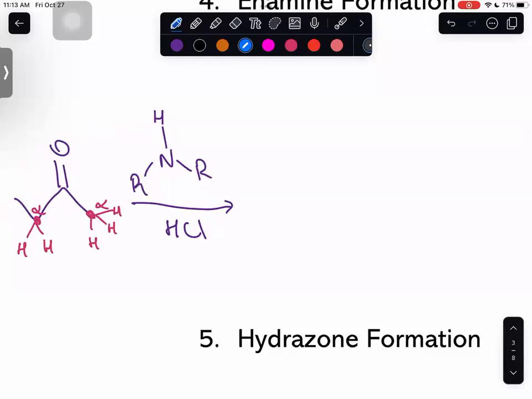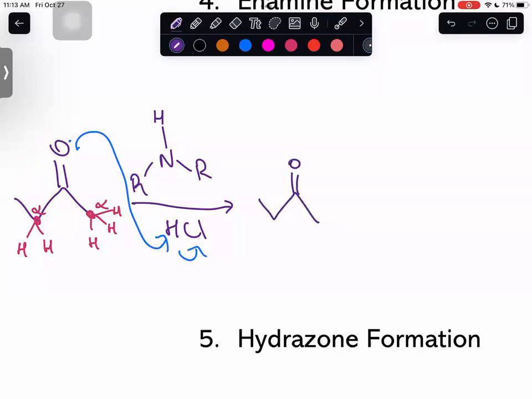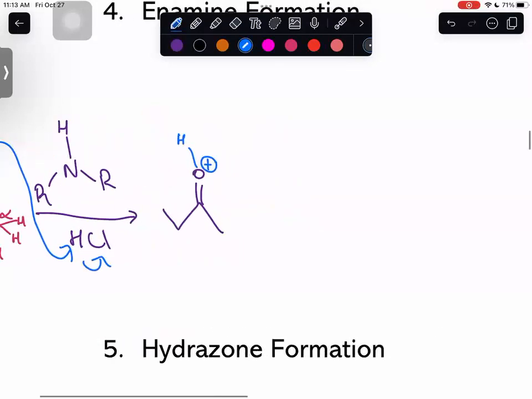Now we know that we have an acid, so the electrophile becomes more electrophilic. So we just add that hydrogen. And now we have a positive charge.